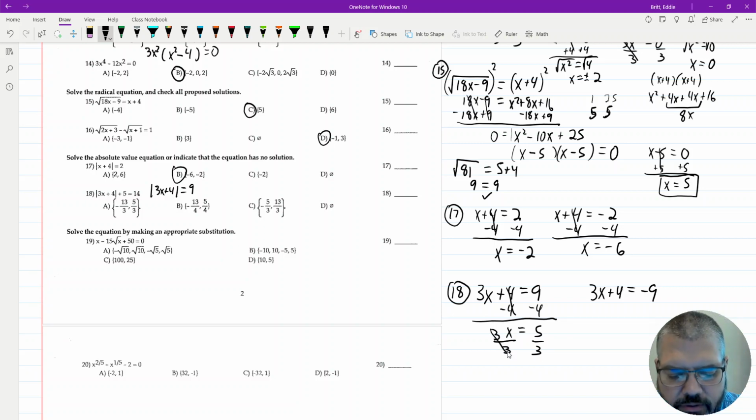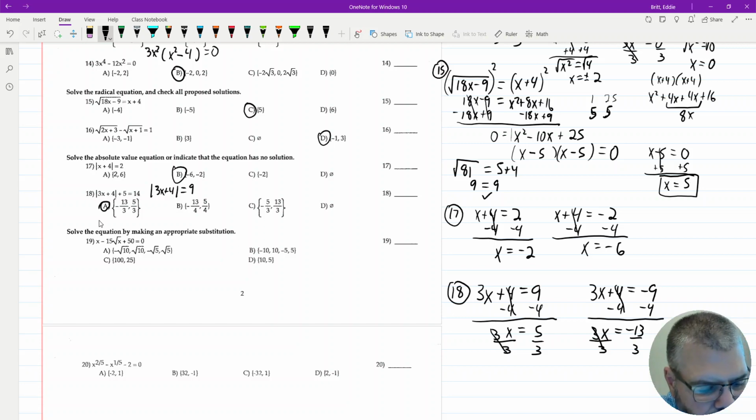So one of my solutions is x equals 5/3. My other solution looks like it's going to be negative 13/3. All right, so 5/3 and negative 13/3. Be careful, that is A.